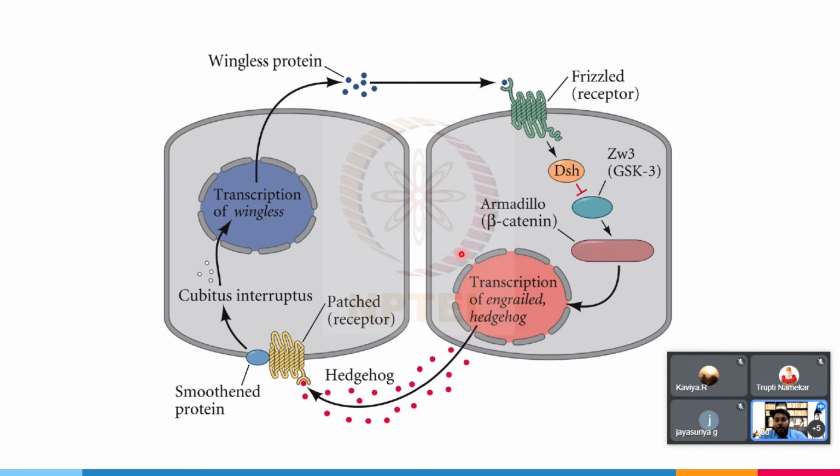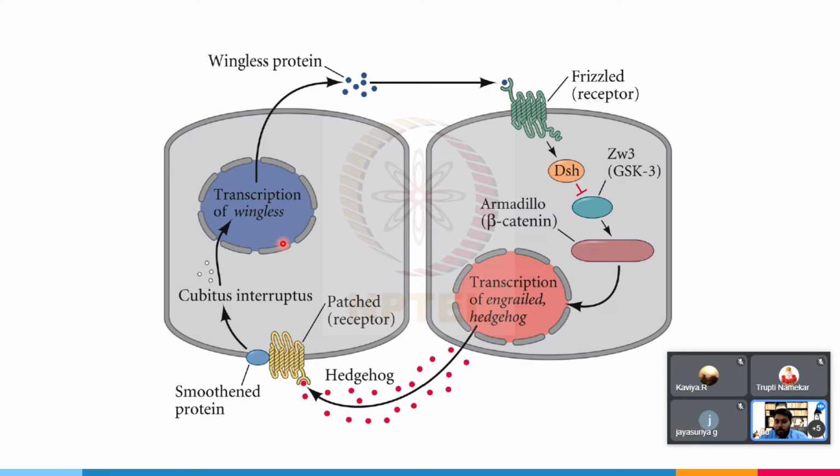So we have a feedback loop that goes on, so that wingless is activated in the left cell only, and the right cell only gets engrailed expressed in it, as well as Hedgehog, which goes back and continues the cycle all over again. This is how the expression pattern is maintained, so that only the left cell will continue expressing wingless and the right cell will continue expressing engrailed.